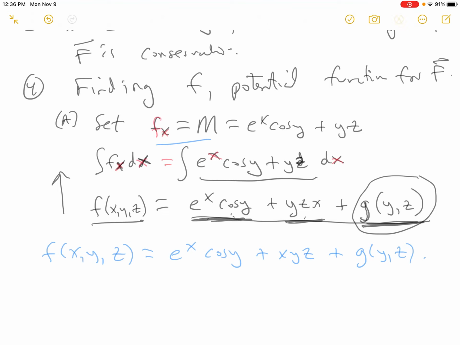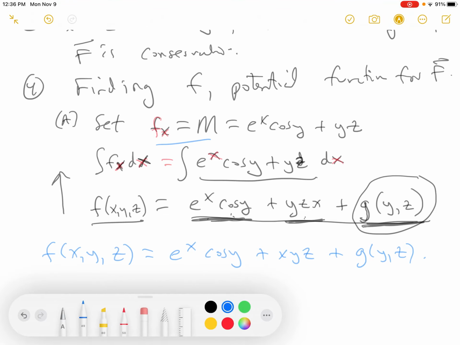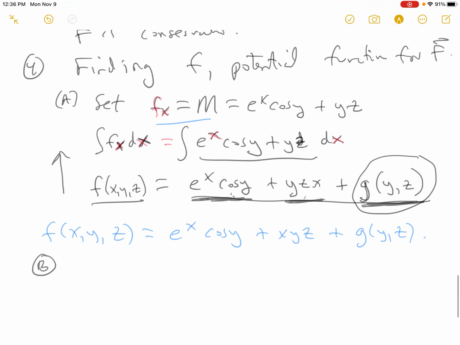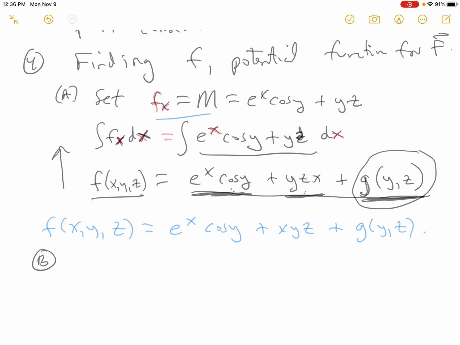Okay, b. We want f sub y, and we're going to set that equal to N, because that's what we're supposed to do. All right, well, we know what f is, so now take the y partial of this guy. Okay.